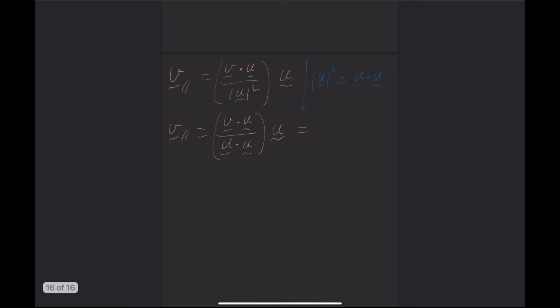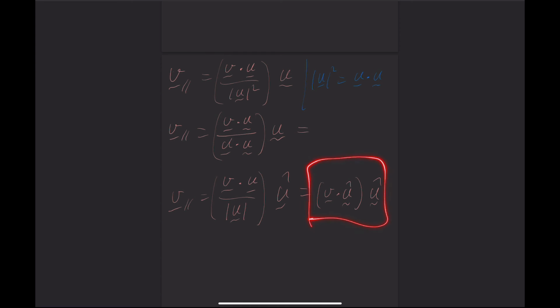So we can also say that v parallel is equal to v dot u over the magnitude of u, times u hat. But notice what we've got here. This is u hat. If you want to really tighten up this definition, you can write v parallel is equal to v dot u hat times the vector u hat. Okay. So this is the definition that you might want to think about it as.